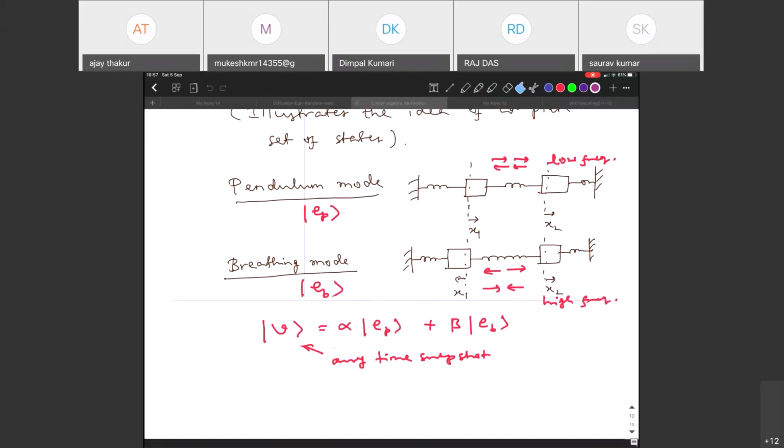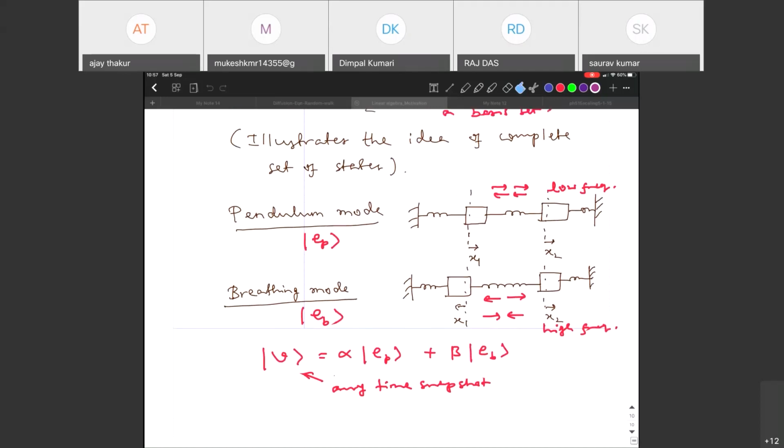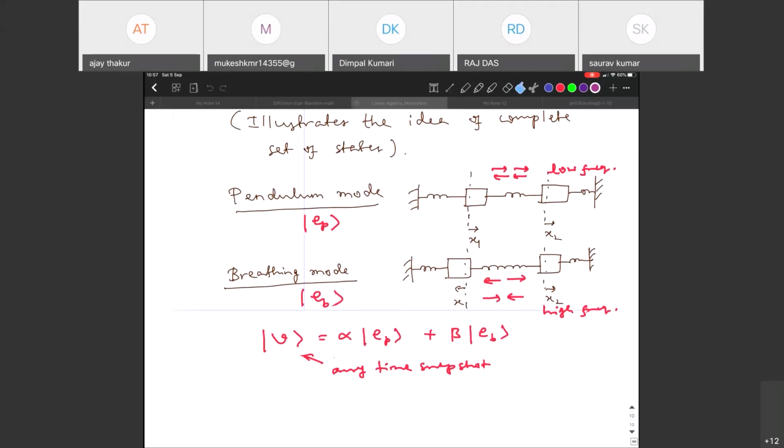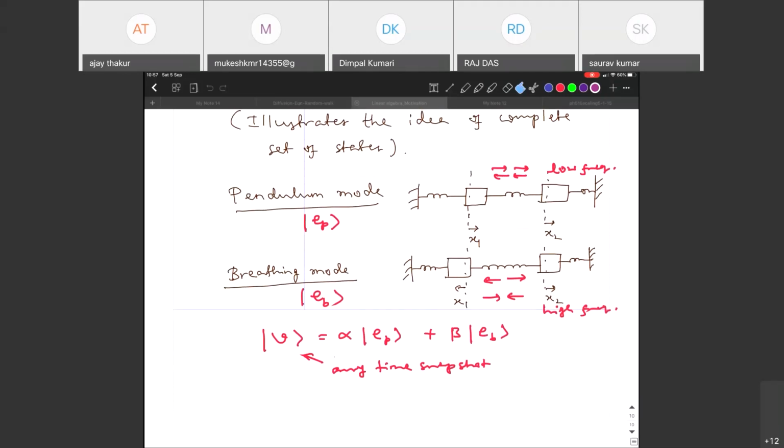So depending on an actual scenario, say suppose what I can do is, we have written this pendulum mode and breathing mode, right? In this, at the bottom, we have written a given vector v, a ket v, as some constant times the pendulum ket and some constant times the breathing ket, right?